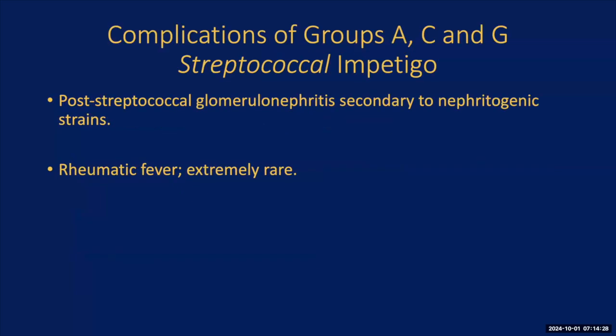This slide is quite important as well. Not as commonly seen currently, especially in the developed world, but there are complications that can arise from streptococcal impetigo, especially group A streptococcus. The two of these are post-streptococcal glomerulonephritis secondary to the nephritogenic strains.